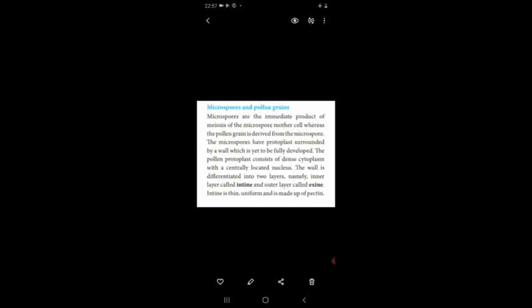These pollen grains are microspores. They are produced from the meiotic cell division of the microspore mother cell. So this microspore afterwards produces the pollen grains.